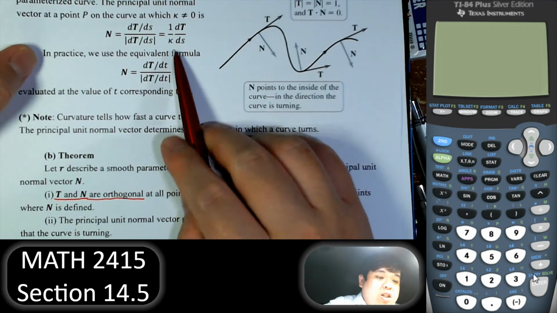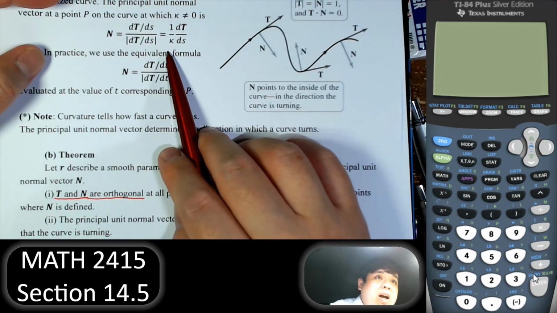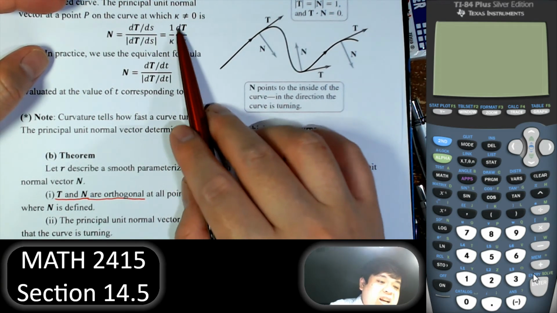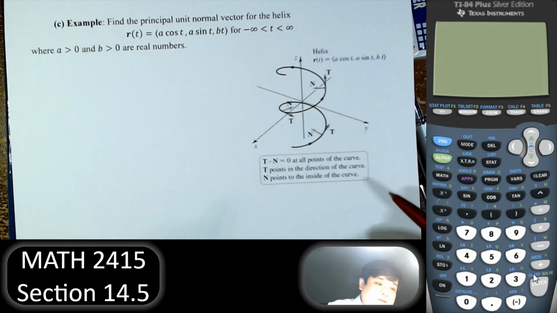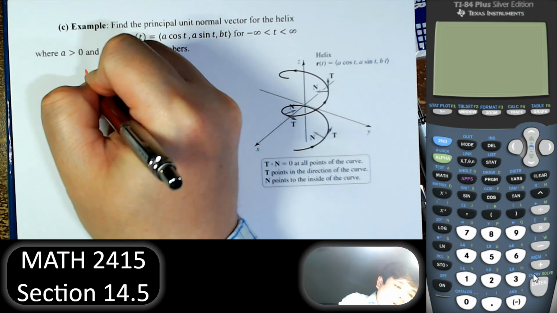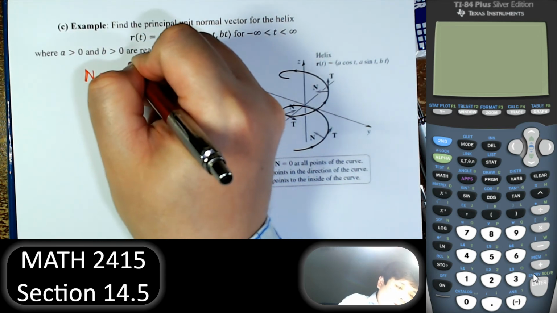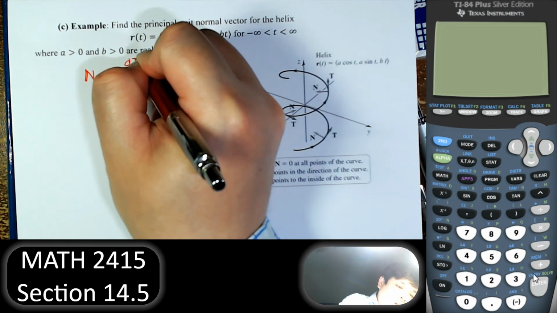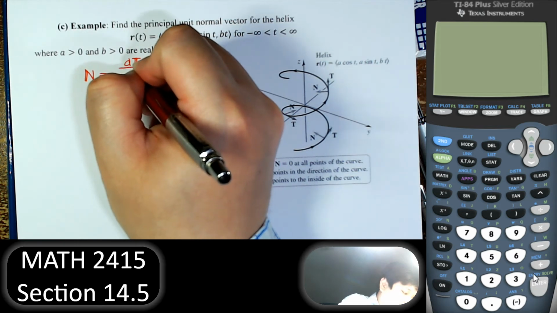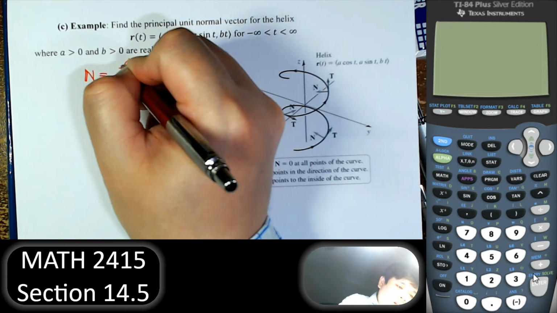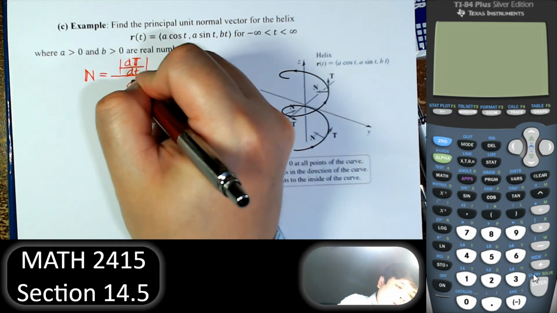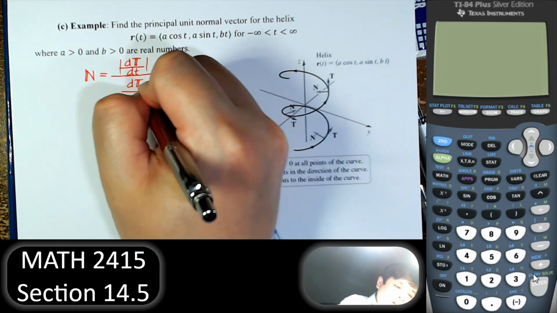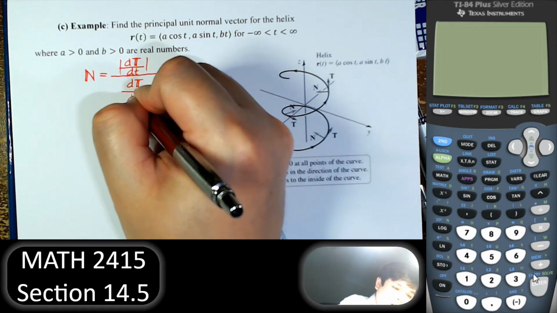Notice if we use this formula, we have to find kappa, the curvature, and that doesn't look convenient enough, but we can use this formula: the derivative of the unit tangent vector over dt, over its magnitude.